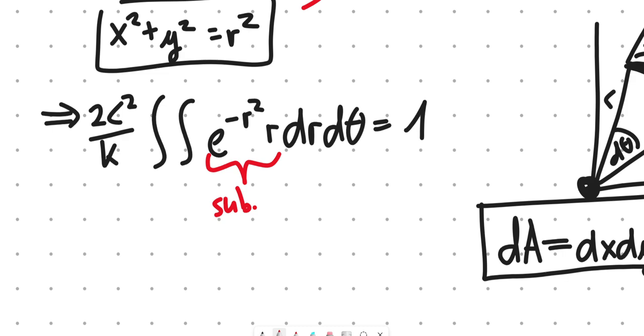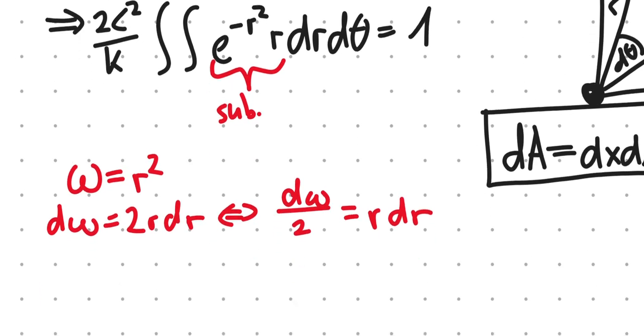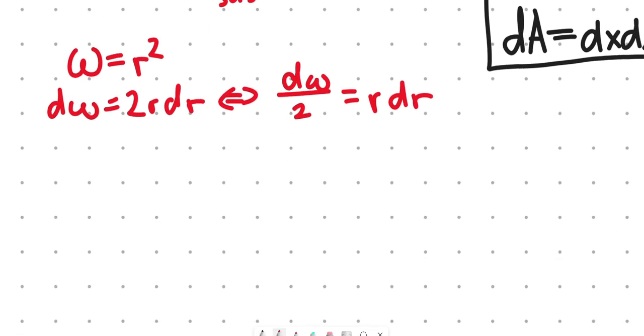I'm going to let omega equal r squared. d omega is going to be 2r dr, such that d omega divided by 2 is r dr. Since r dr is d omega divided by 2, I'm going to put the divided by 2 outside the integral. It's going to lead us to 2c squared over k.